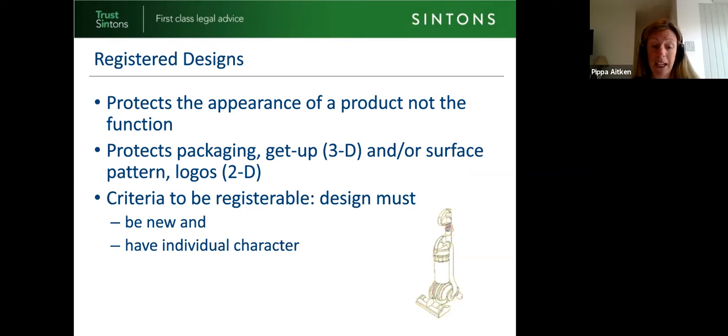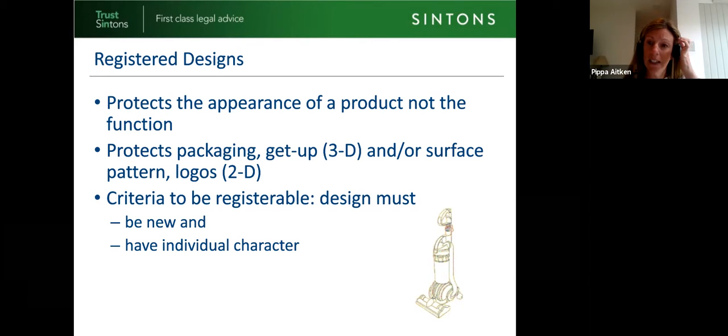It can include packaging, get-up, graphics, two-dimensional designs such as surface pattern, which is something such as wallpaper, logos, software icons. And for it to be registrable, a design must be new. It mustn't have been disclosed to the public before.